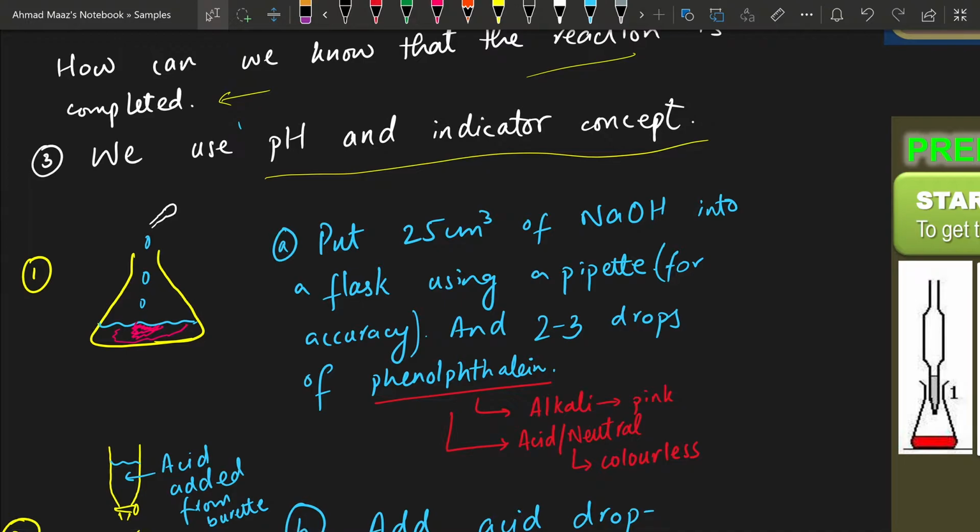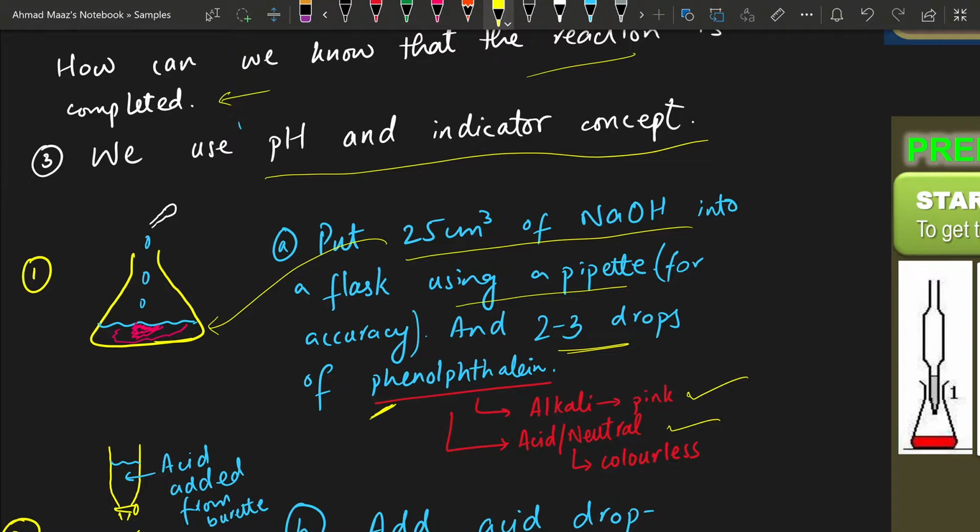So what we'll do is add 25 cm³ of sodium hydroxide in a conical flask, and we use a pipette for accuracy, and we'll add 2 to 3 drops of phenolphthalein, which is an indicator. This indicator is pink in alkalis and colorless in acidic or neutral environments.